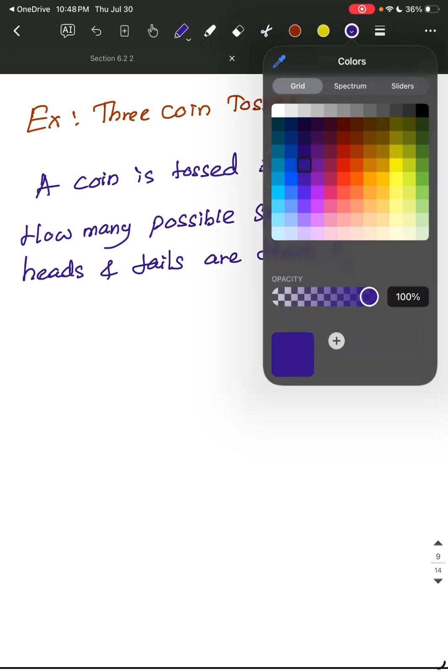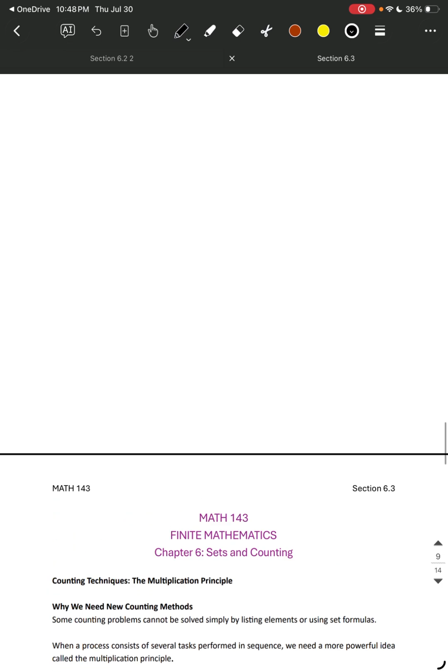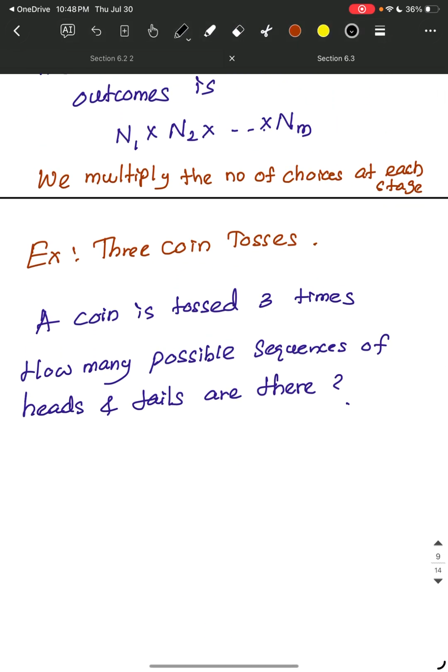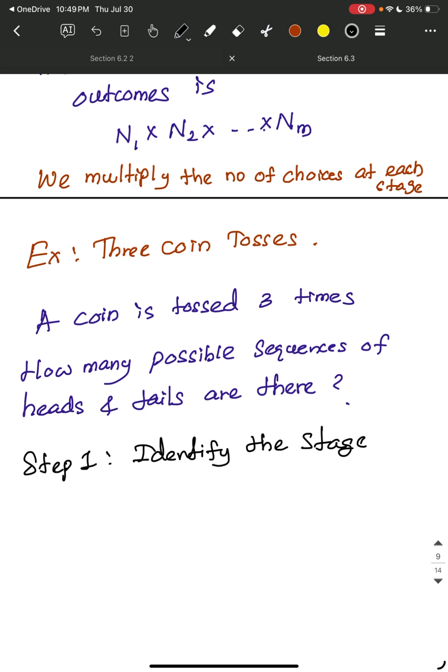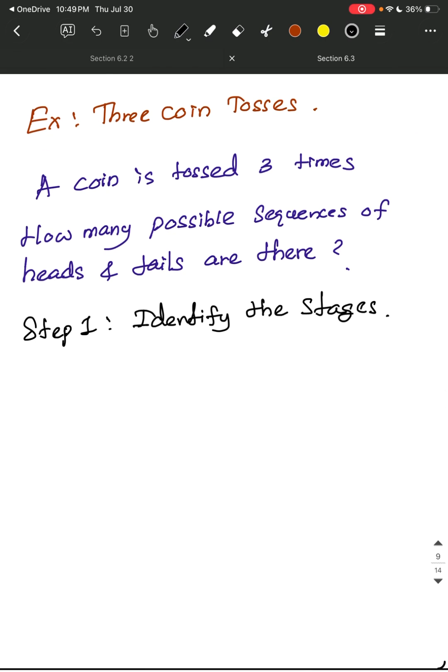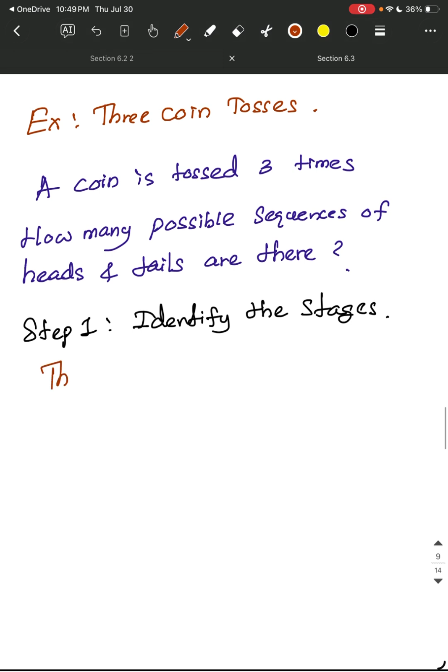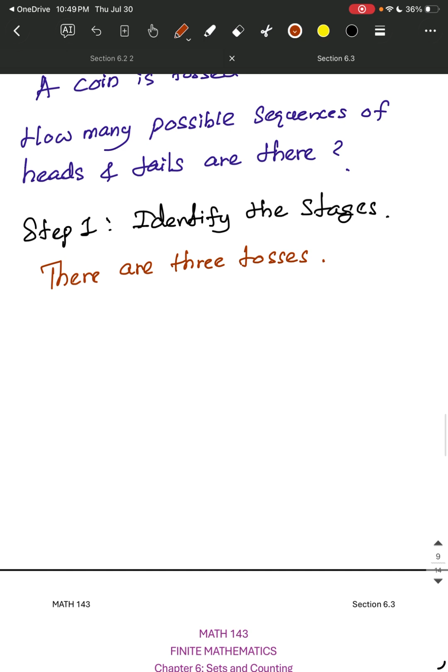Identify the stages. Right? So, there are 3 tosses. Each toss has 2 possible outcomes, head or tail.